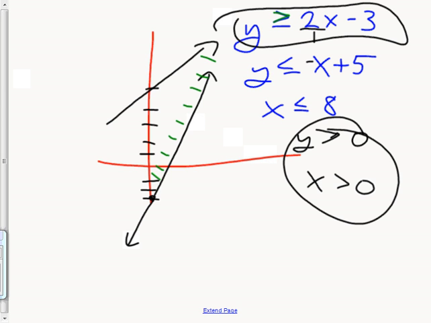But then they aren't going to intersect nicely because they're both shading up. I meant for it to, actually that'll work. I don't have to make it negative. If I do make it negative, do you get what happens? It goes down like this. But I don't have to do that. I can leave it the way it was in the first place. I apologize. Okay, so now I'm going to graph above this.